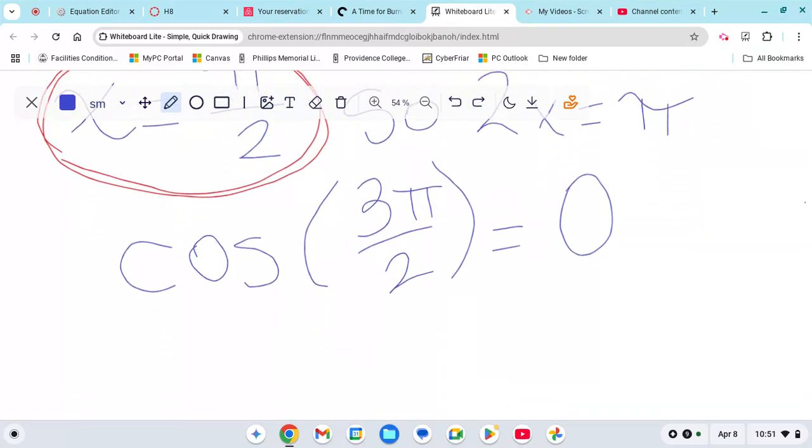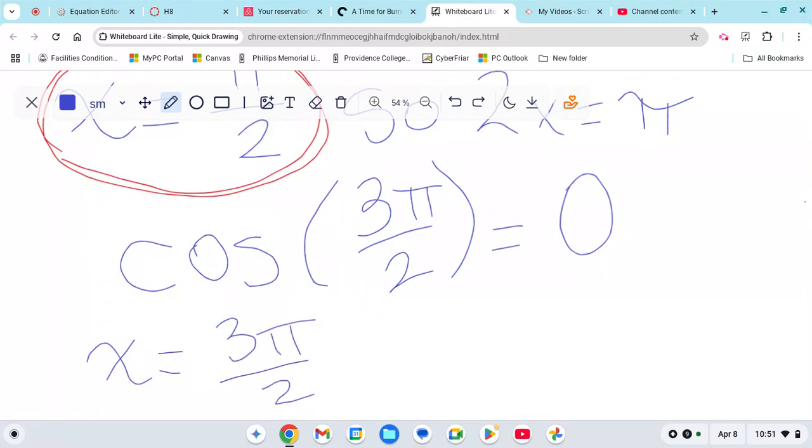Let's think about what happens when x is 3 pi over 2. When x is 3 pi over 2, what's 2x? 2x is 3 pi. Okay, not part of our interval, but x is part of our interval. X is 3 pi over 2.